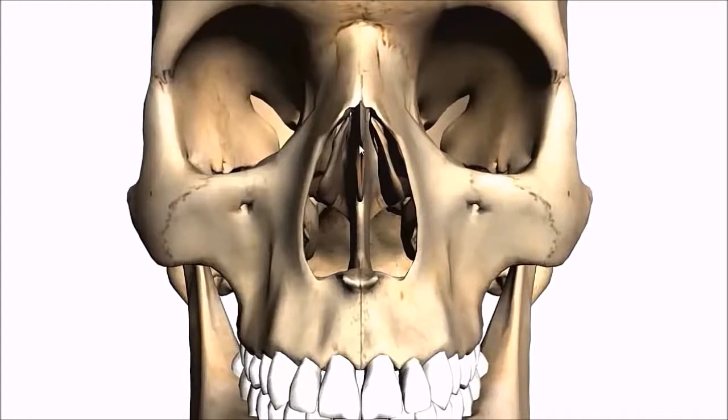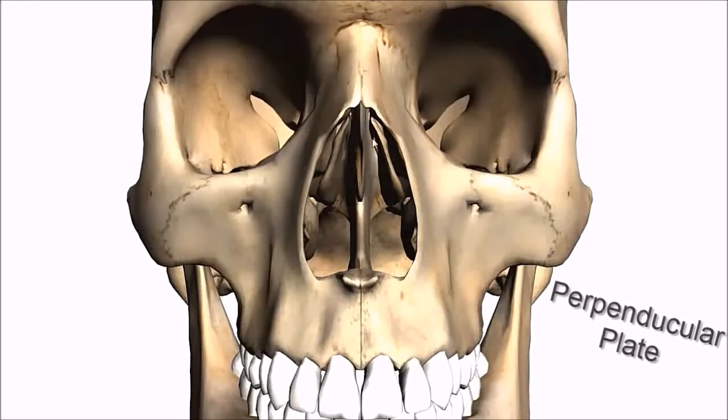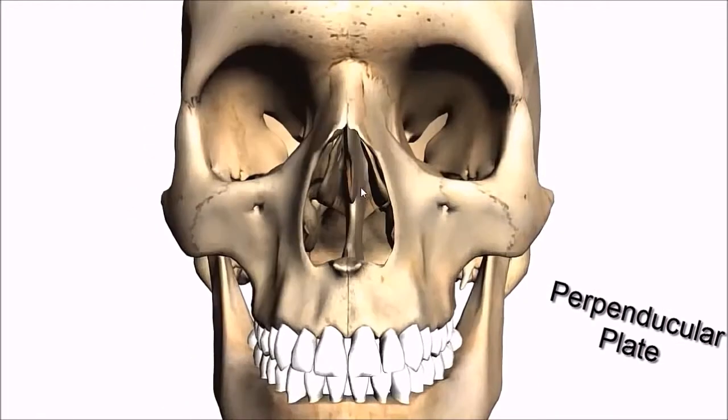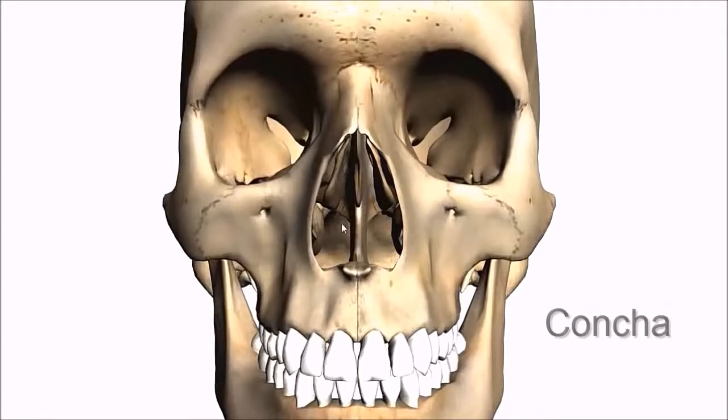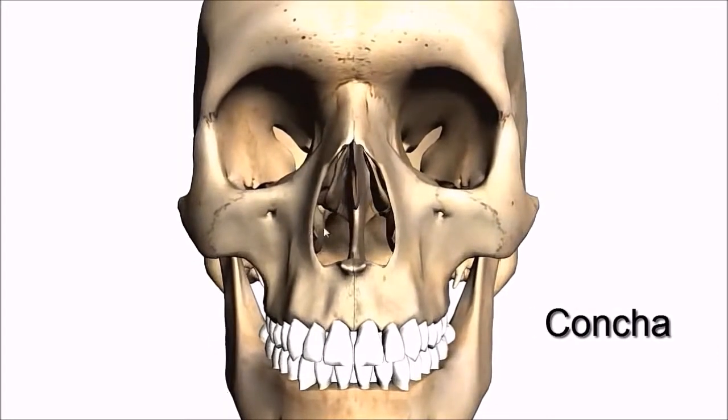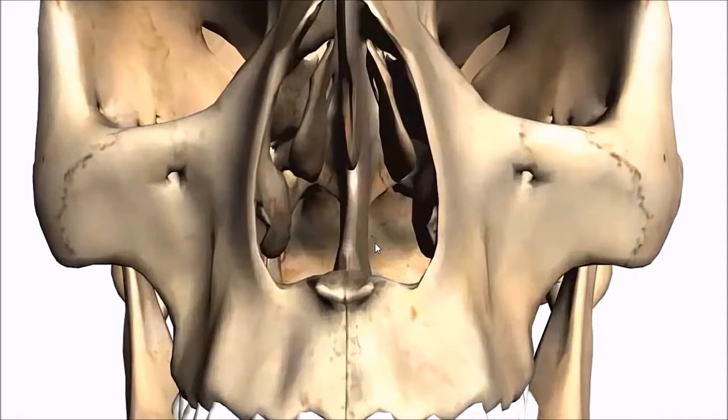You can see this structure here, the perpendicular plate of the ethmoid bone, and these structures that you can see from the anterior view on either side are the concha. This structure here is the inferior nasal concha.